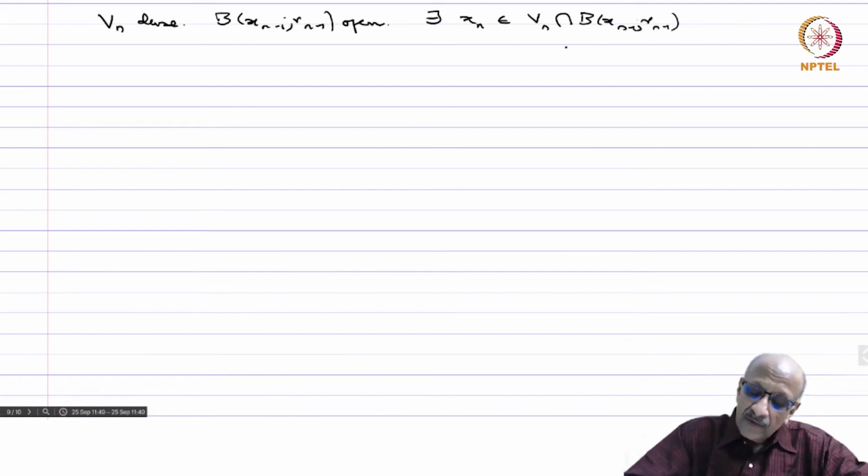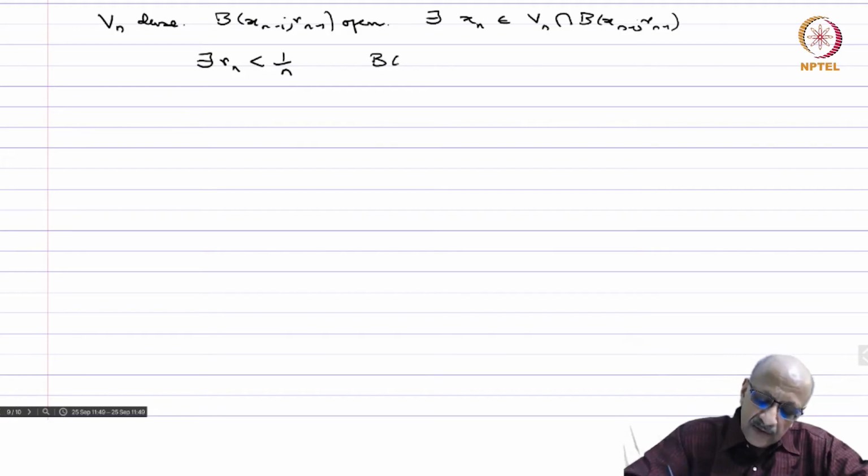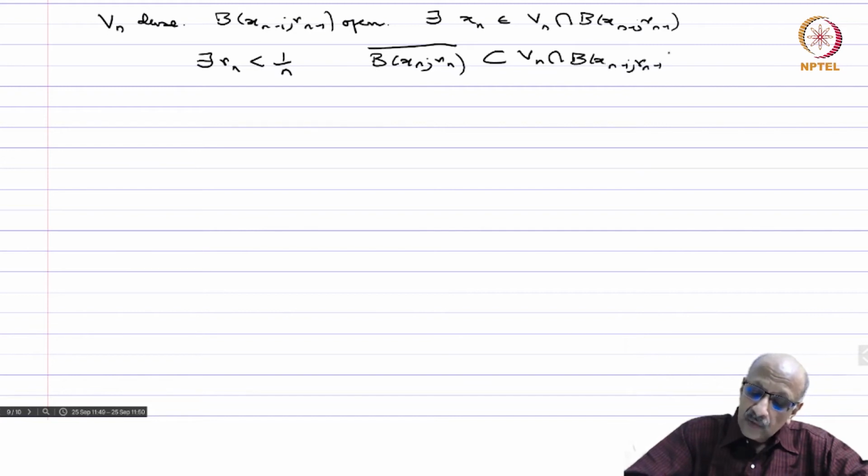Again, this set V_n intersection B(x_{n-1}, r_{n-1}) is open, and therefore it will contain a ball centered at x_n and of a positive radius. We shrink the radius if necessary, and therefore there exists r_n less than 1 by n such that the closure of B(x_n, r_n) is contained in V_n intersection B(x_{n-1}, r_{n-1}).